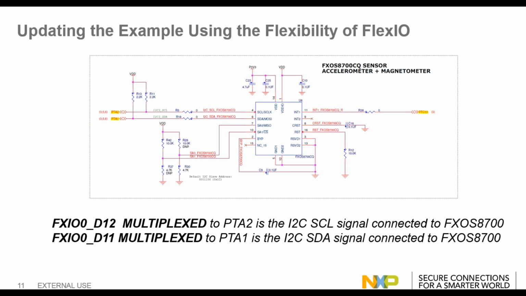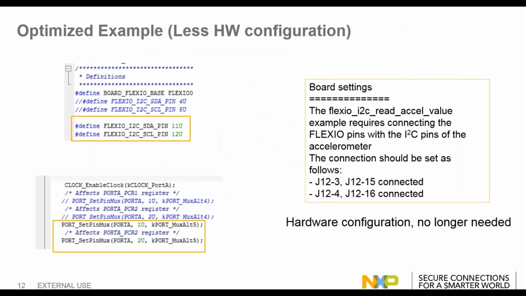But what if we optimize it in some way and use the pin multiplexing so that no hardware configuration is needed? To give you some direction or some example on how to do that, let's look at these C code excerpts here on the left of this slide.